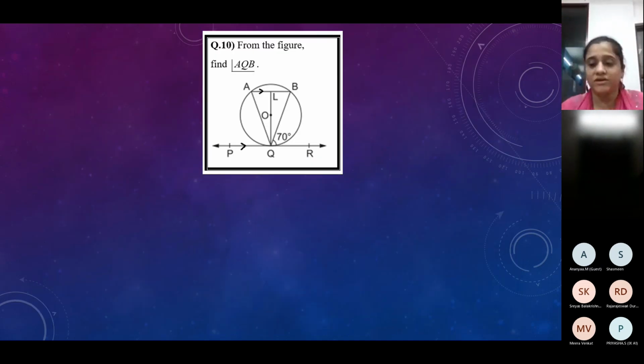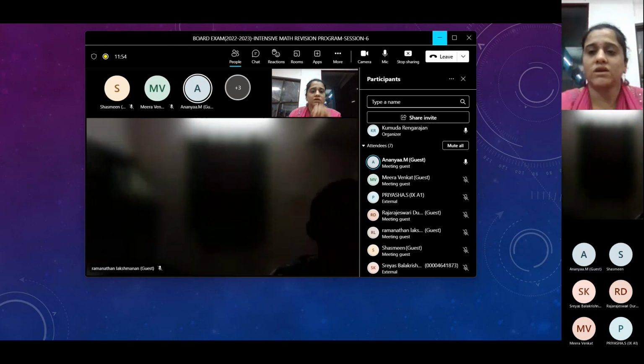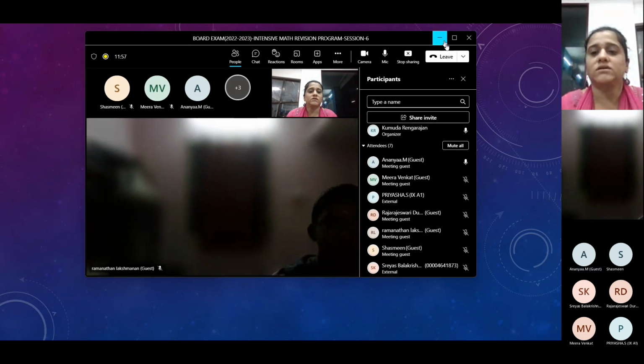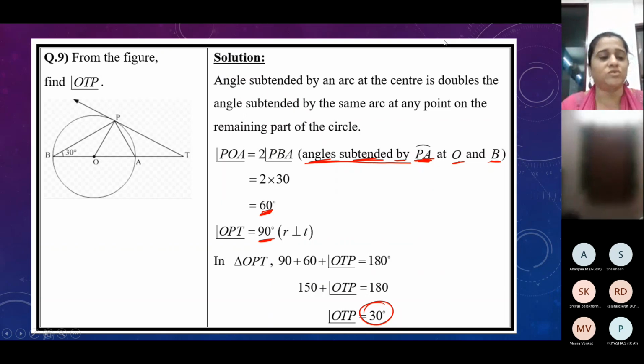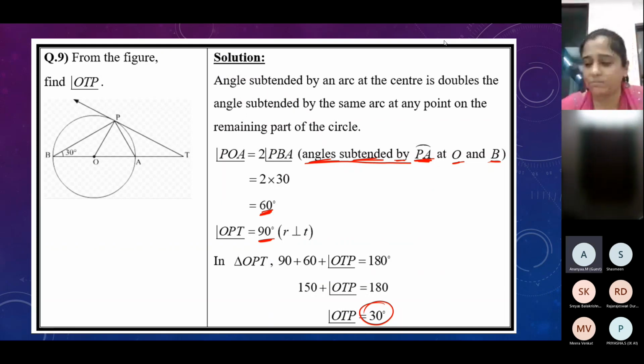Ma'am. Oh, yes, who's that? Ananya, ma'am. Yes, Ananya. In the same sum, can we use BP as the common arc? For BOP, the angle is twice of BTP.